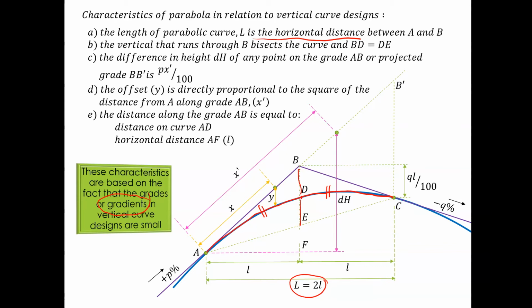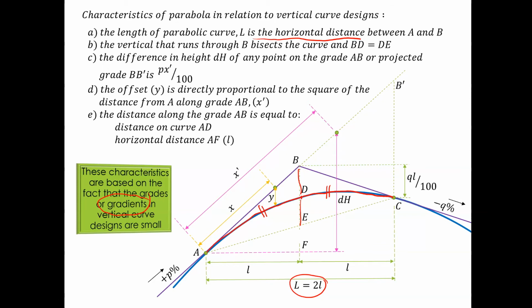From A to D equals from D to C, which is also equal to the horizontal distance, A to F and F to C. So that's the approximation that we make.